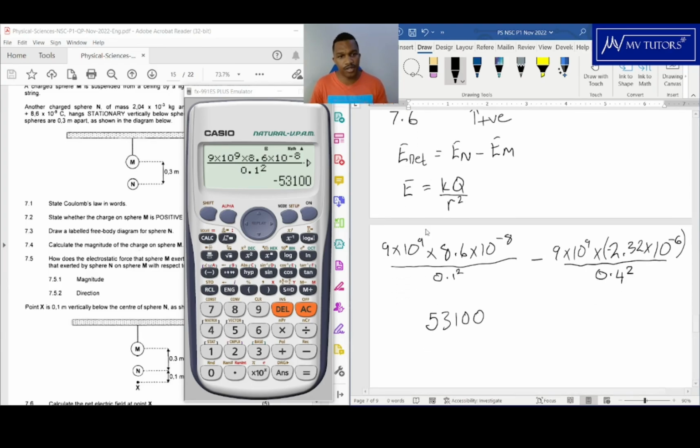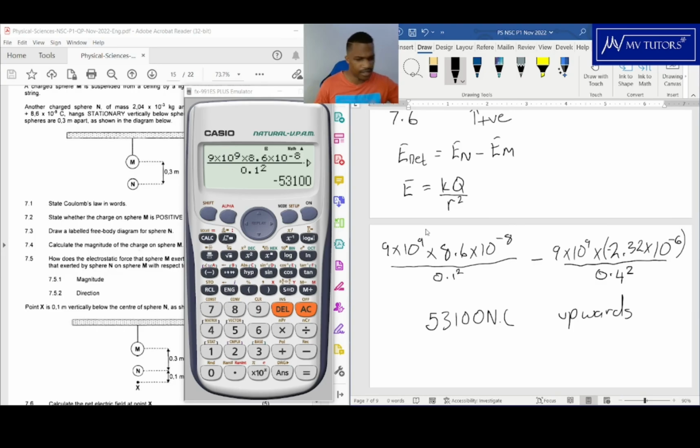We said positive is up, so this is upwards because it's positive. When it comes to units, units are always going to be newtons per coulomb. If you look at this, we've got newtons and coulombs.